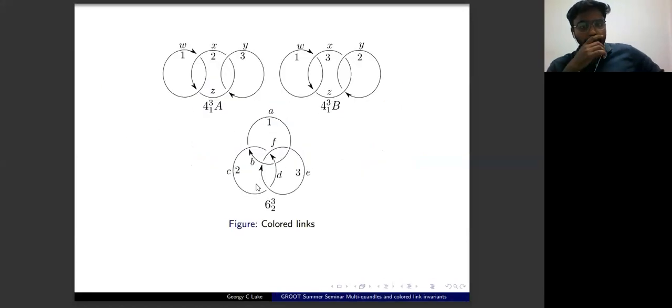Yeah. So first, these are colored links. These are the same links if we just consider the underlying link structure, but the coloring is different. The first component coloring is the same for both links, but the colorings of the second and third components are interchanged here.